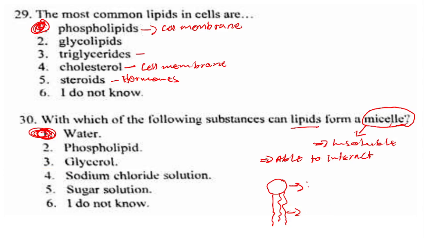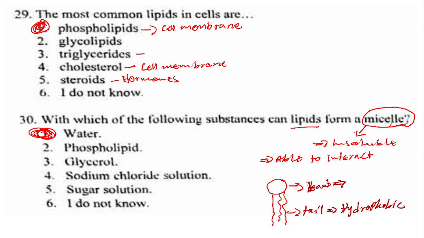So this is the head, and this head also has the tail. The tail is hydrophobic. For the explanation of the word hydrophobic, you can watch the tutorial lecture on water.